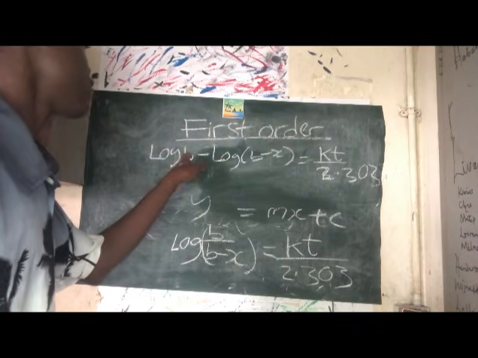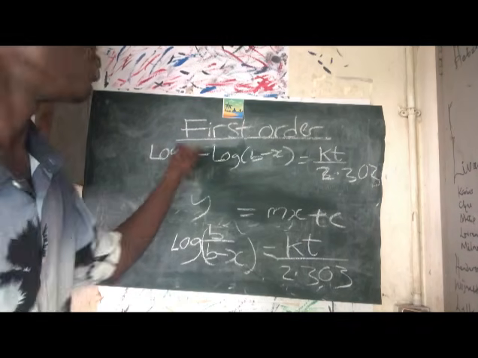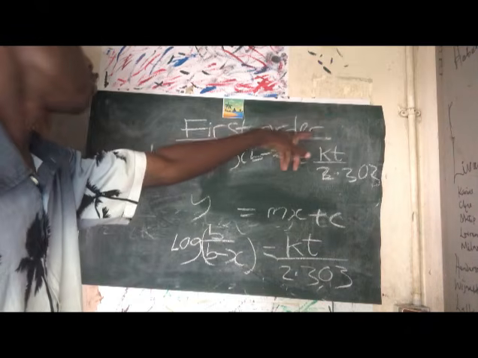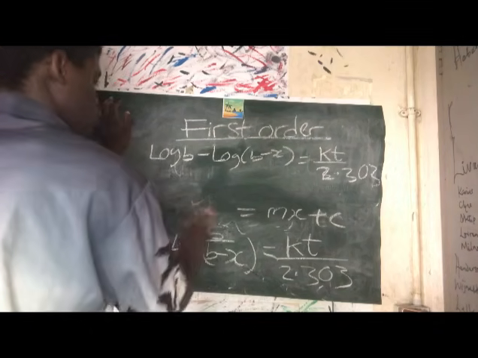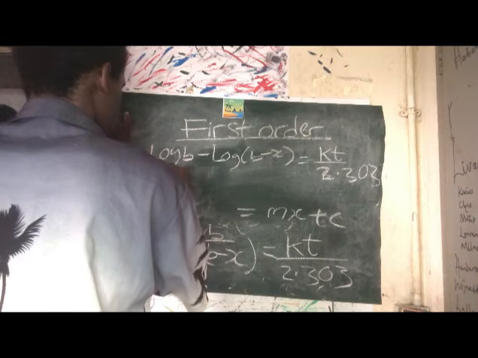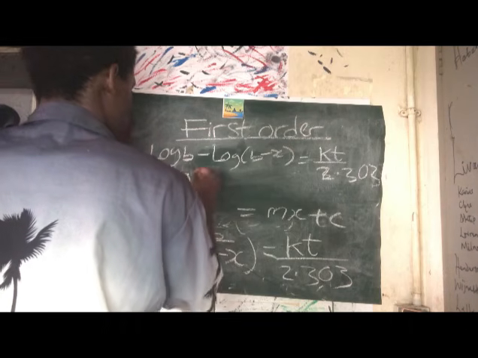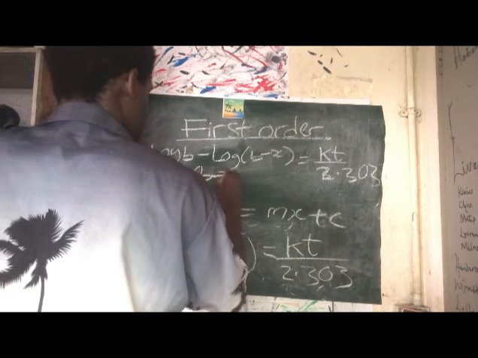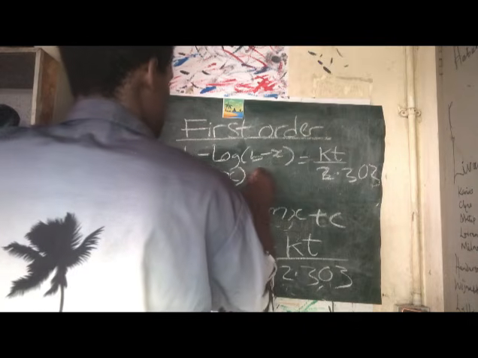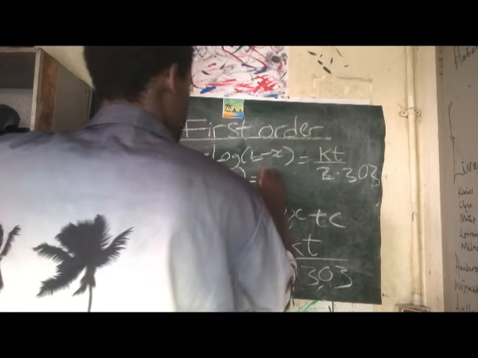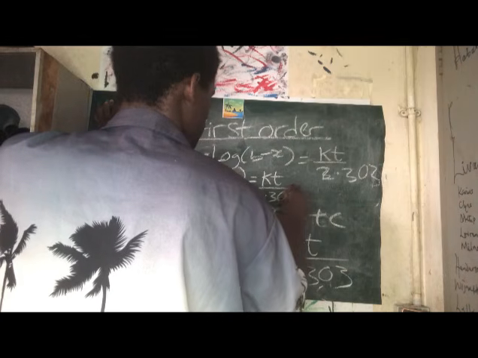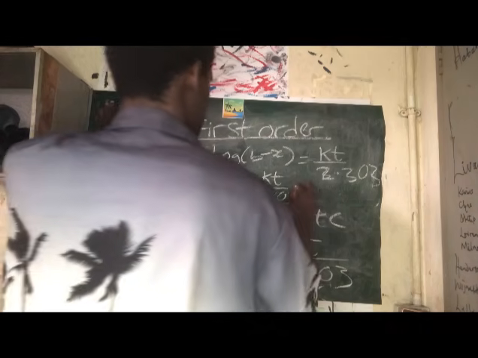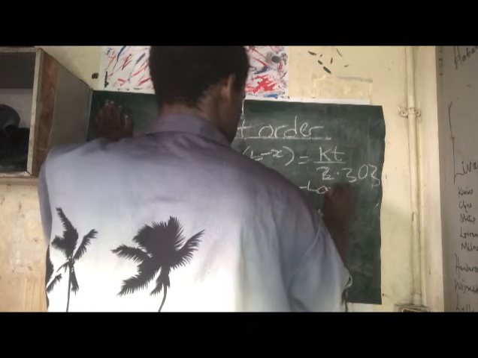We'll bring this log b to the other side. That will be minus log b minus x is equal to kt over 2.303 minus log b.